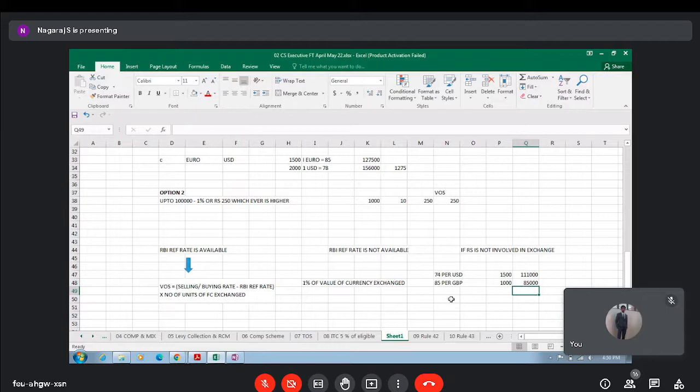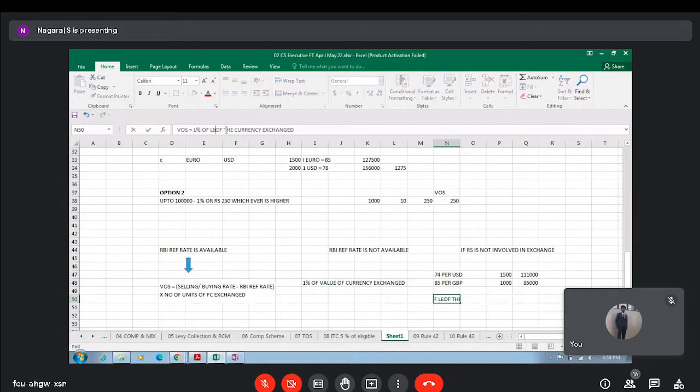85,000. Value of supply is equal to 1% of the least of the currency exchange. 1% of the lesser value of the currency exchange.